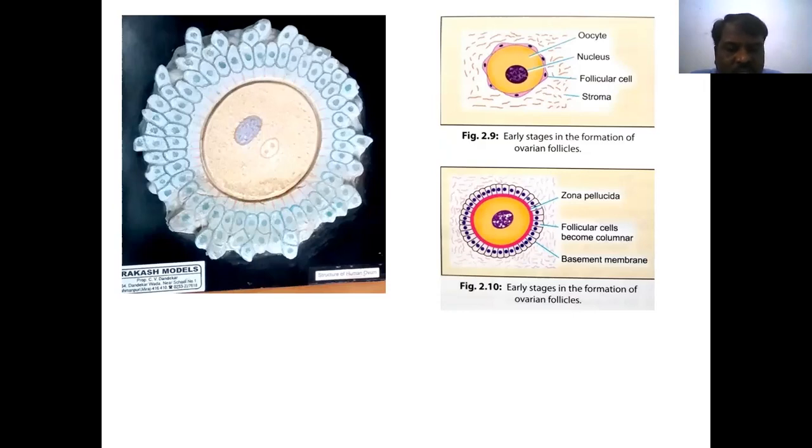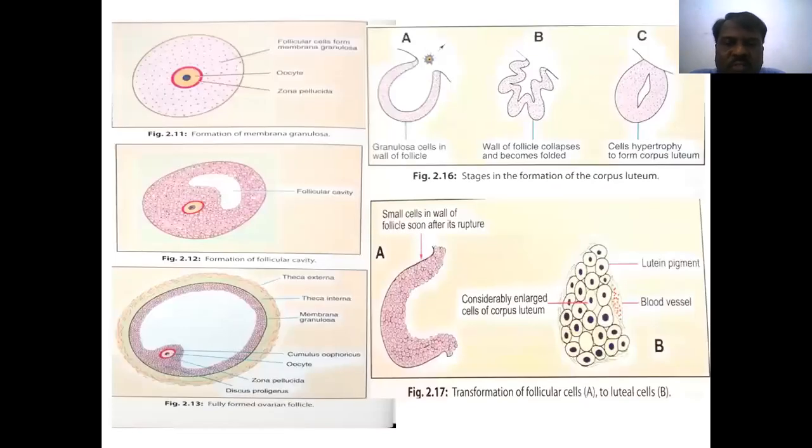Next, after formation of the zona pellucida, we have the nucleus, cytoplasm, and cell membrane. Outside, these follicular cells form the membrana granulosa. Further, outside this membrana granulosa, we can identify the follicular cavity.